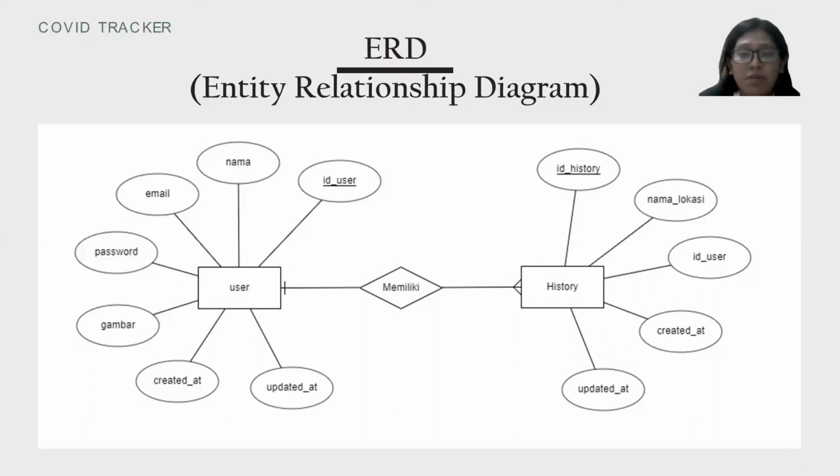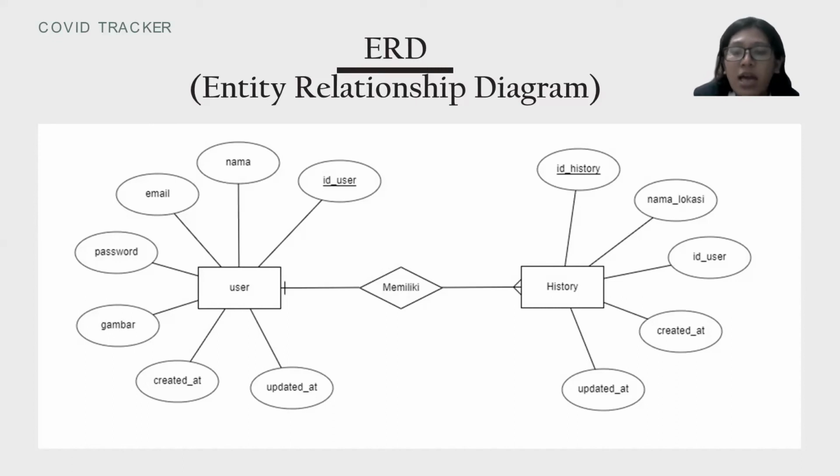Next, I will explain about ERD, or Entity Relationship Diagram. ERD is a model to explain the relationship between data in a database based on data objects that have a relationship. In our database, we have two entities. First is user and the second is history. In user, we have some attributes. First is ID user, which is a primary key, then name, email, password, feature, created at, and updated at.